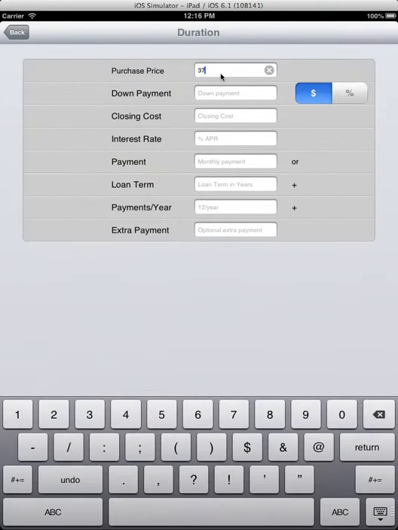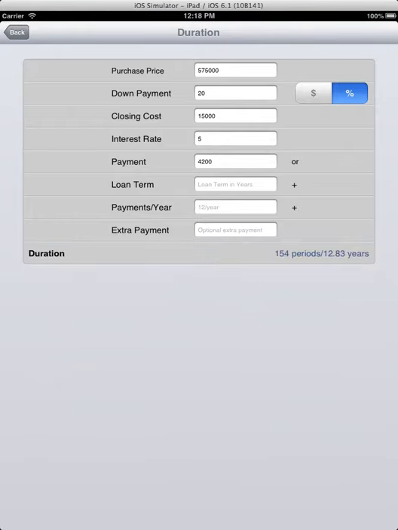We can say 370,000, 20%, closing cost is 15,000, and APR is 5, payment is $3,200 a month. Here we entered the data points, and we see the duration is 12.83 years.